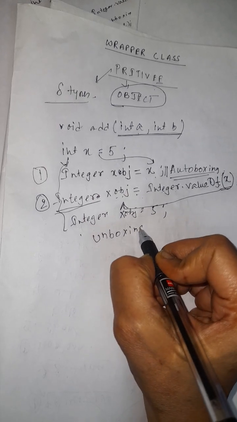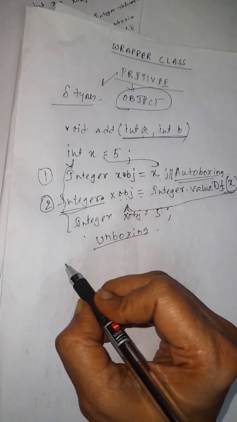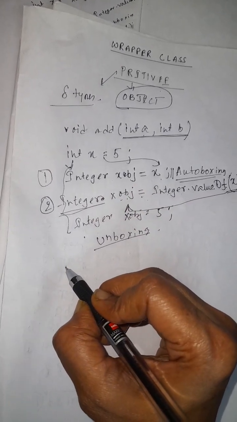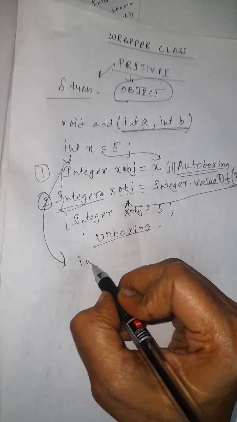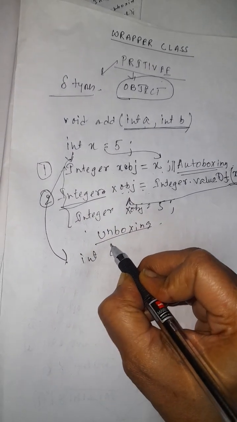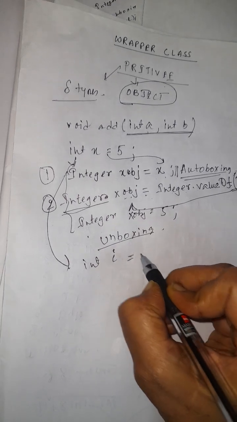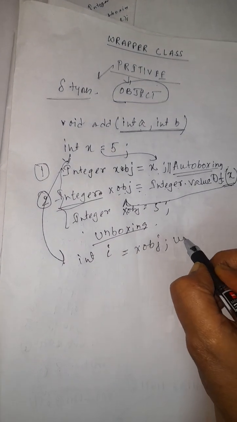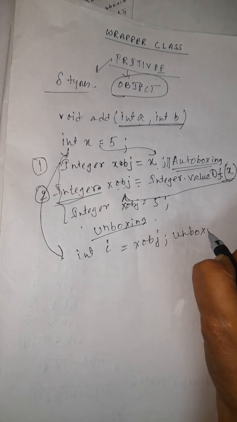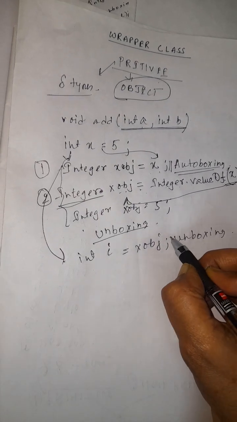What is the reverse procedure? Something like this, just the reverse of this. Maybe int i, this one is a normal primitive data type. Here you can store xobj. So this one is known as unboxing, the reverse of autoboxing.